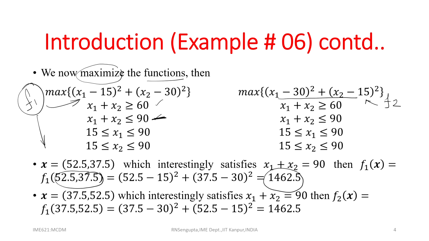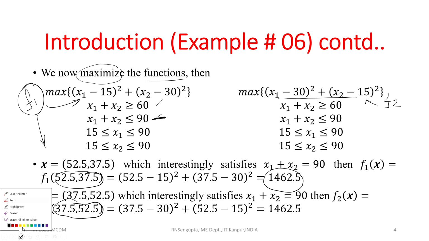Separately, if we maximize f2, we do not think about f1 now. The interesting part is that f2 is maximized at 37.5 and 52.5, which is just interchanged with respect to f1.